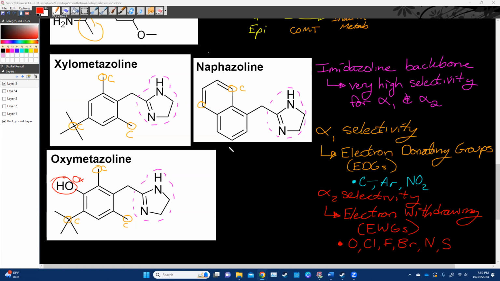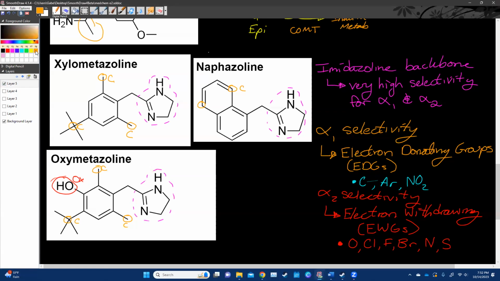Good question. When we look at naphazoline and we rank the drugs on alpha 1 selectivity, naphazoline is actually much, much more selective than xylometazoline because we're adding this other phenyl group, this other benzene ring.